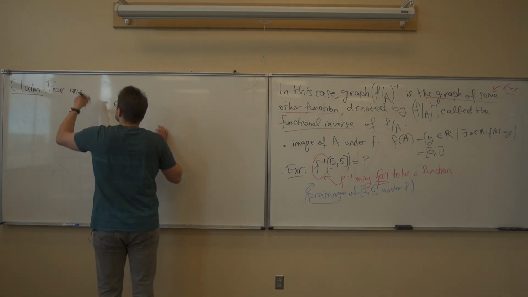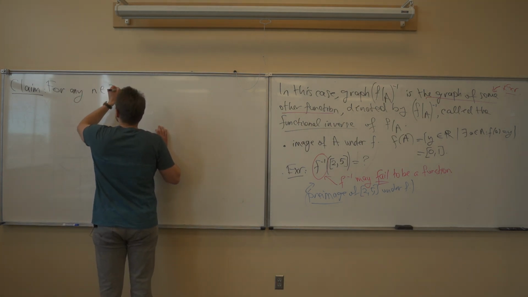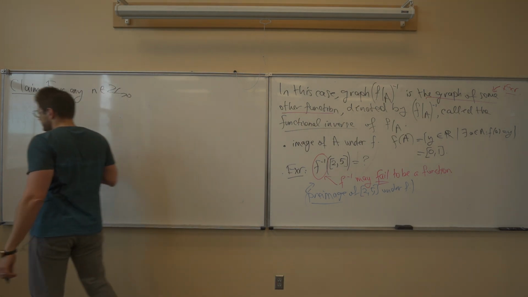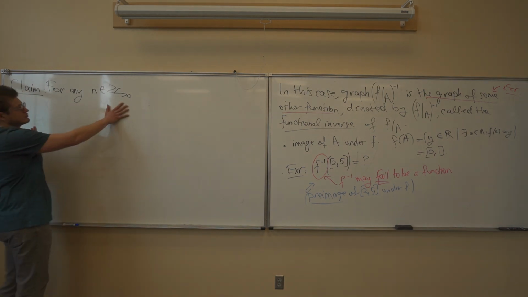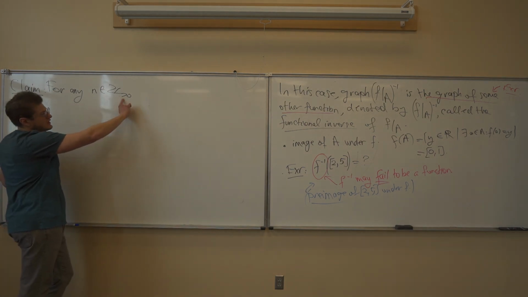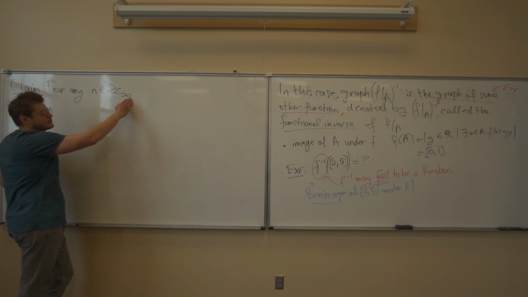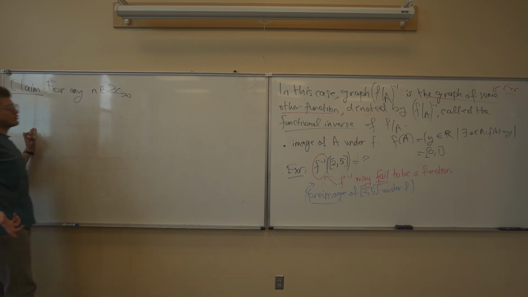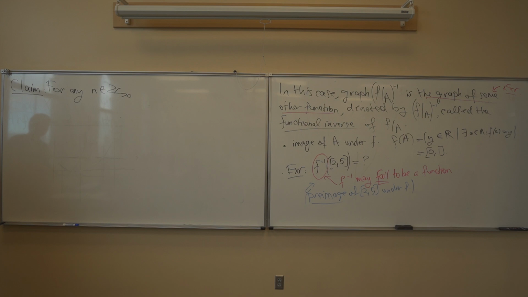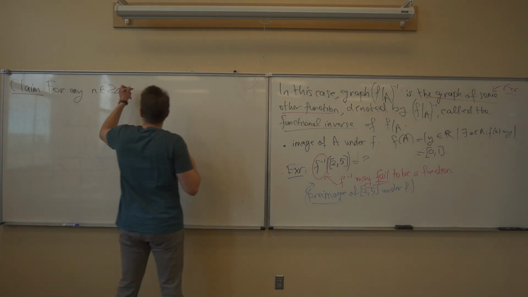For any positive integer, so this means integers strictly greater than 0, positive ones. In the textbook, this would be n with a blackboard bold. But like I said, I'm not going to use that notation.